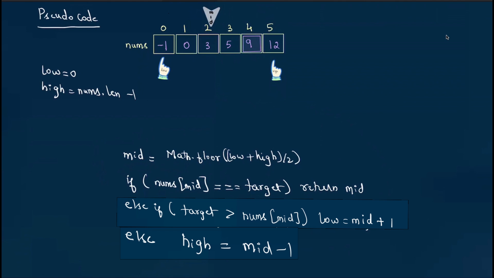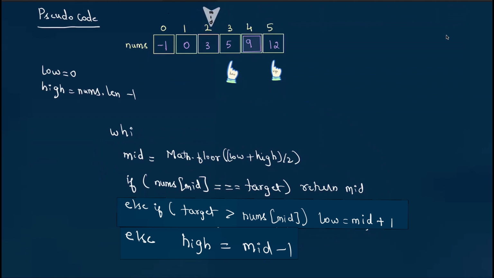Yes, it is greater than mid. So low is equal to mid plus 1. So we update low is equal to mid plus 1 like this. And then we don't reach the last condition. Okay, so we are done. But now we need to update the mid, which is this line. So this entire process should repeat. That's why we have to have a while loop here.